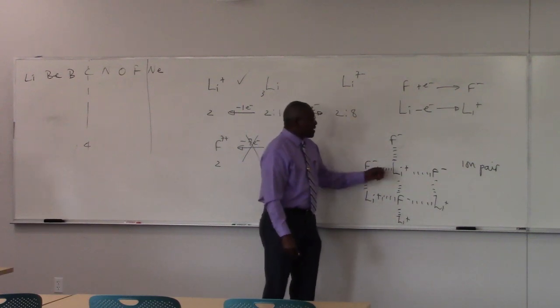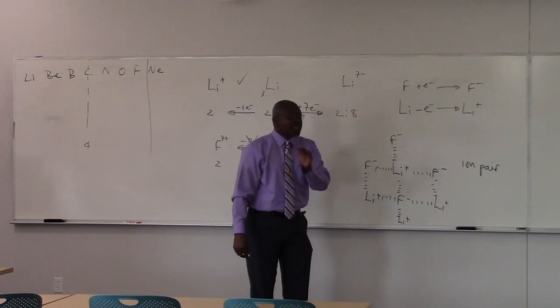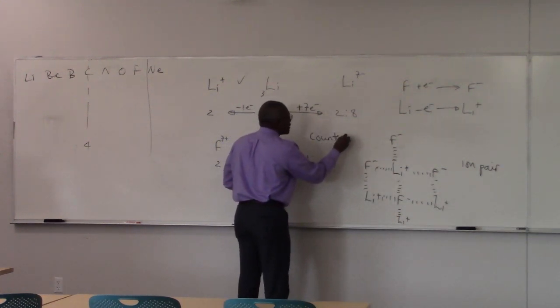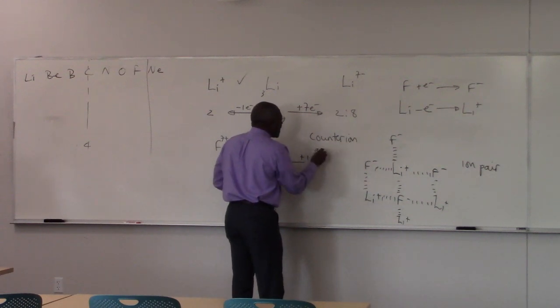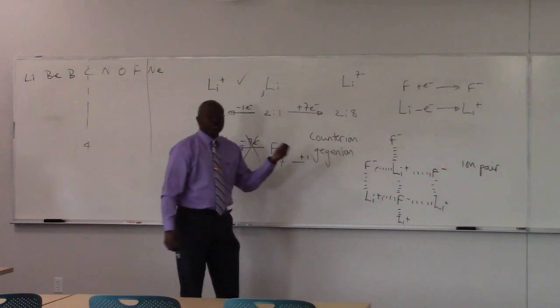So I will say that the lithium cation is surrounded on all sides by its counter ion, or by its Gegen ion. Gegen is a German word for opposite.